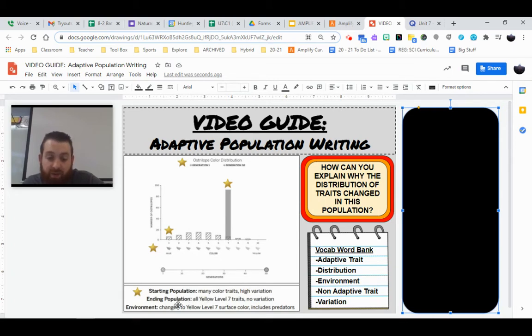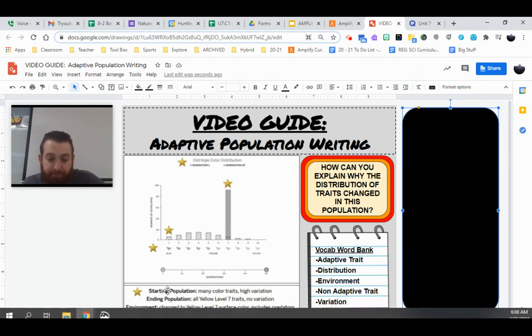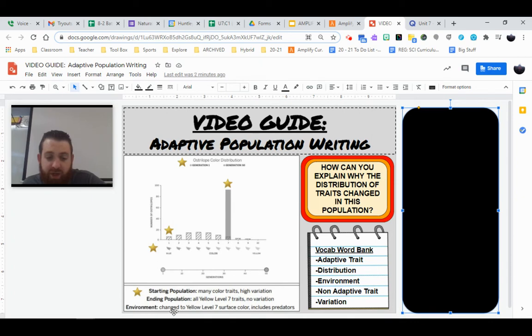The ending population, on the other hand, had all yellow 7 traits, okay, so they had no variation. They only had this one trait found in the entire population. So last but not least, if we look down here, it said environment changed to a yellow level 7 surface color and included predators. So hopefully that sounds familiar from what we did in our simulator in past lessons.